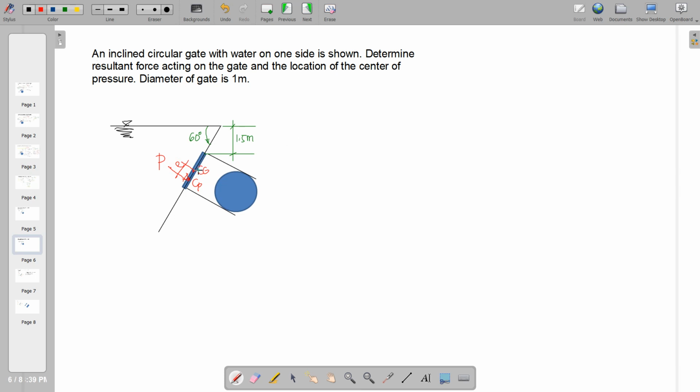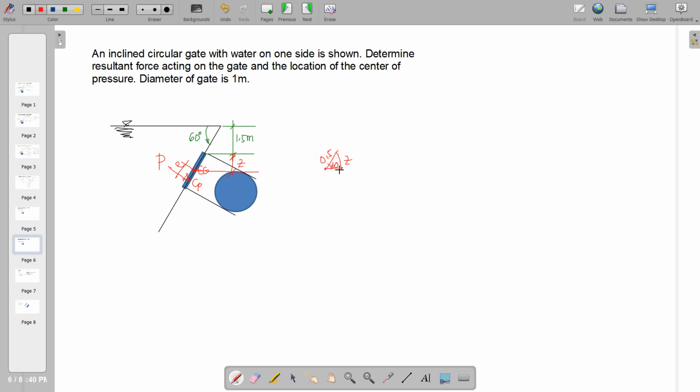So in getting H bar, we need to get this distance here. Say this is Z. So utilizing our triangle here, the triangle is 60 degrees. This is Z, and the diameter of the gate is 1. So therefore, this is half of the diameter, that is 0.5.